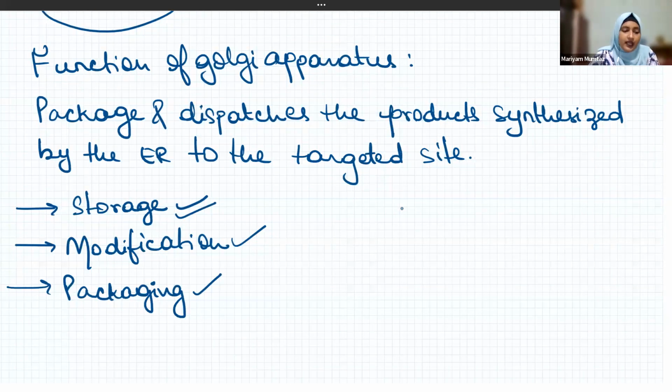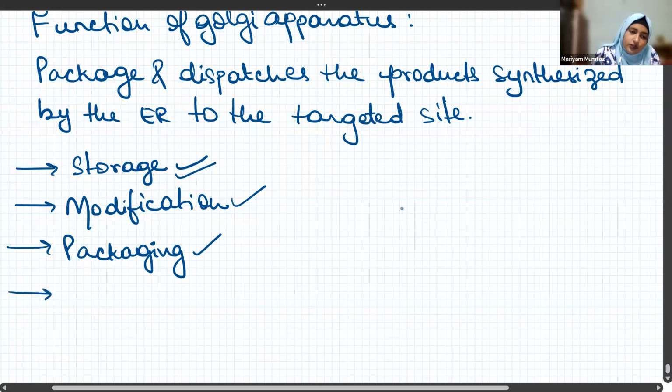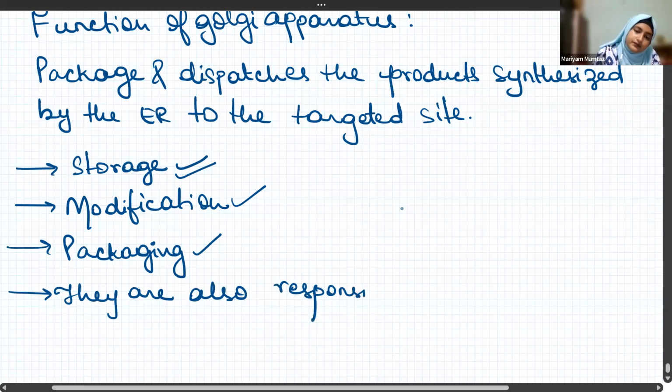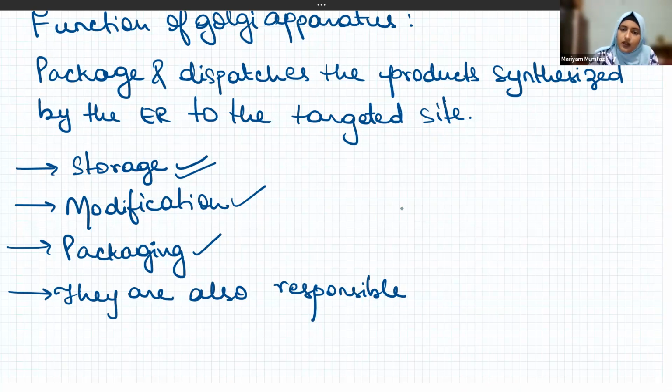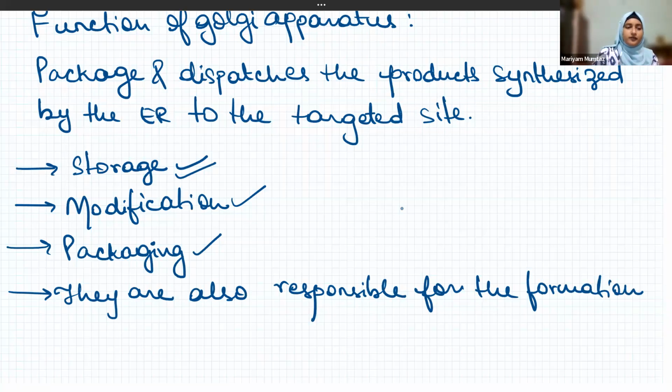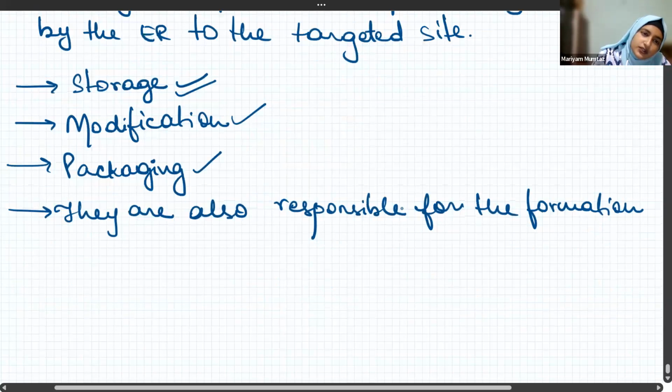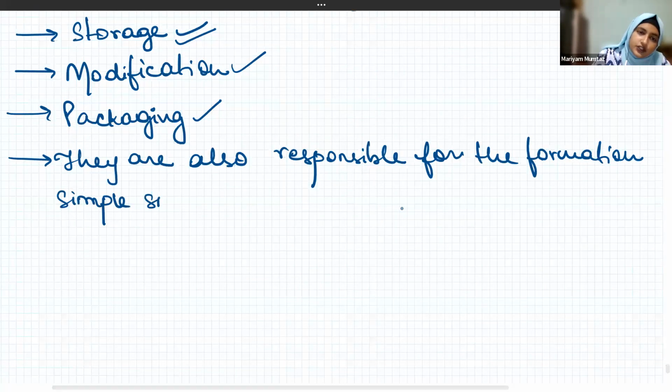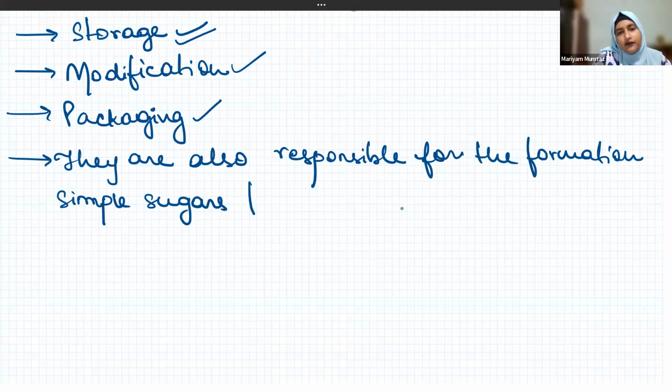Now, you can write down, they are also responsible for the formation of simple sugars from complex sugars.